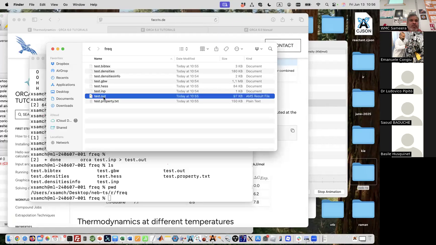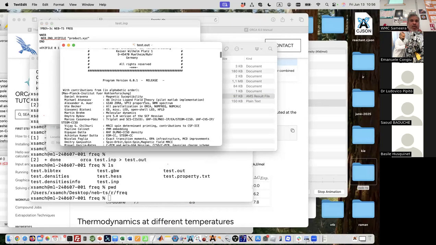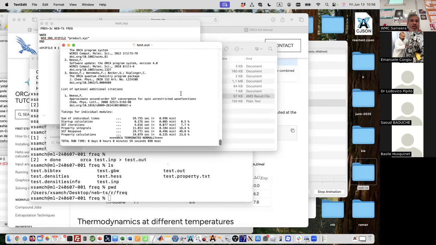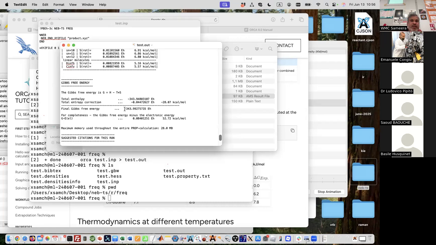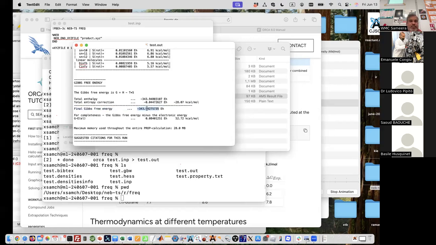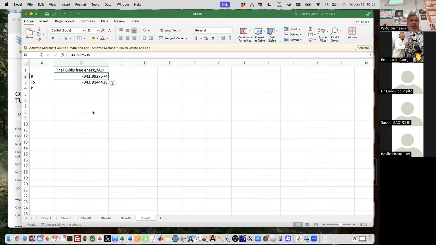So if you look at the output file here, you can find out the Gibbs free energy over here. And then now we can get, if you subtract these two, oh, it's a very high energy barrier anyway.